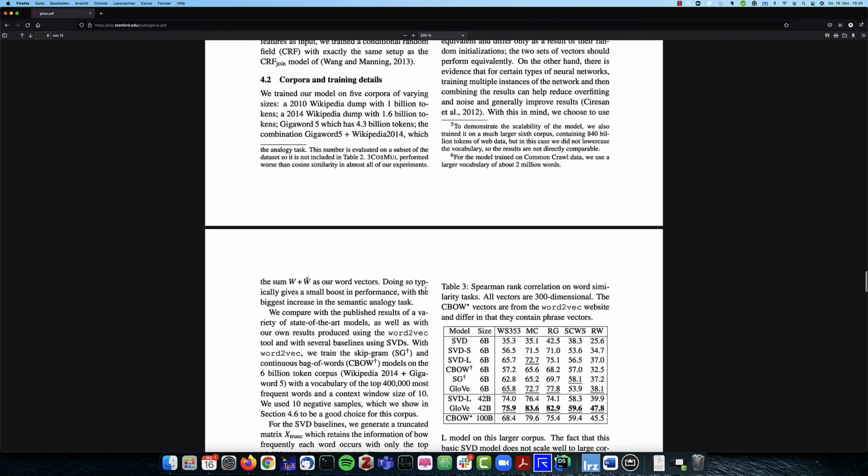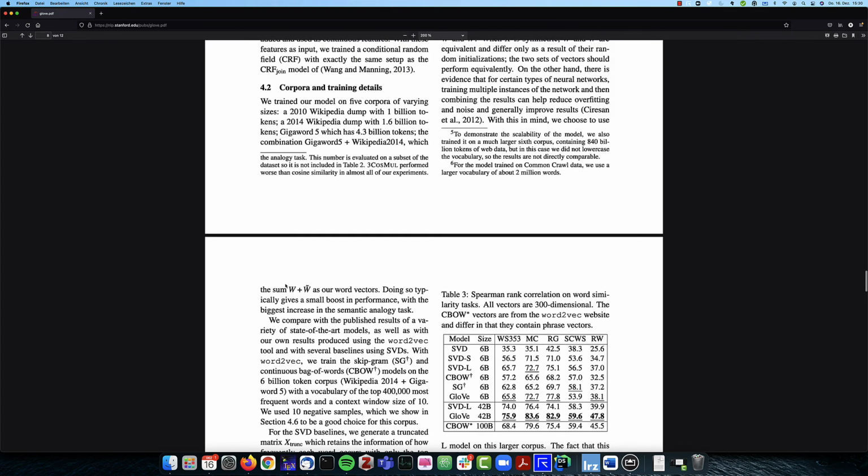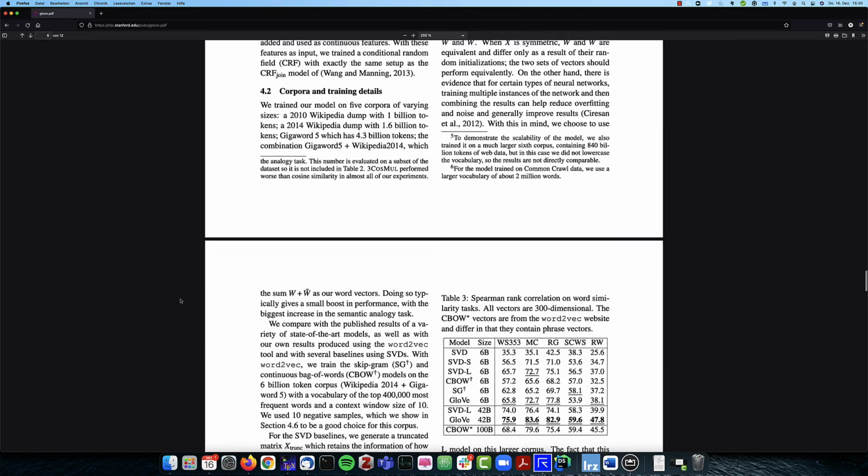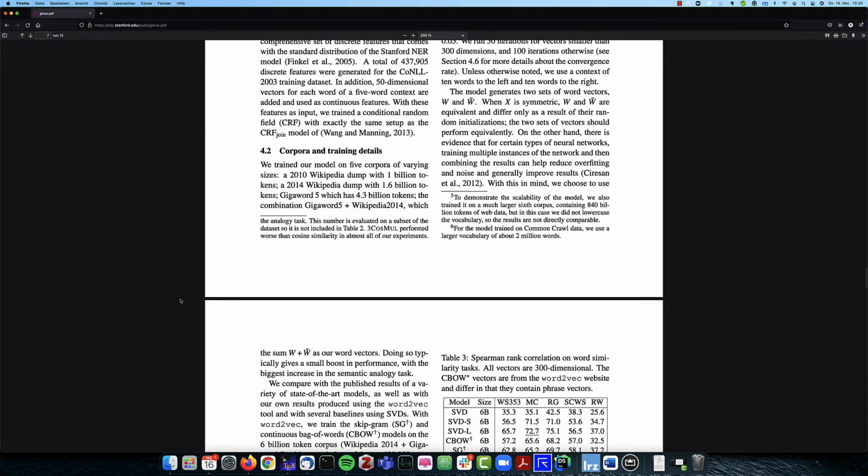Here we have it. So we choose to sum those two vectors as our word vectors, meaning the word vector and the context vector, u and v of the same word, are summed up in order to generate the word vector for the specific word.